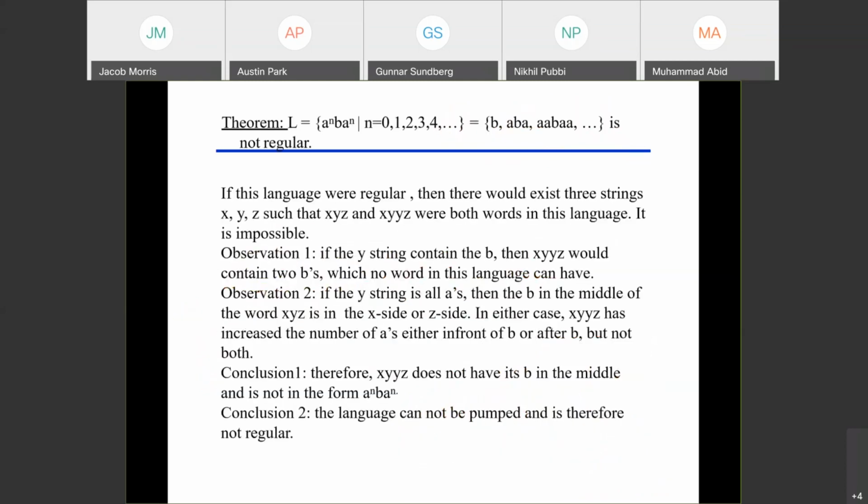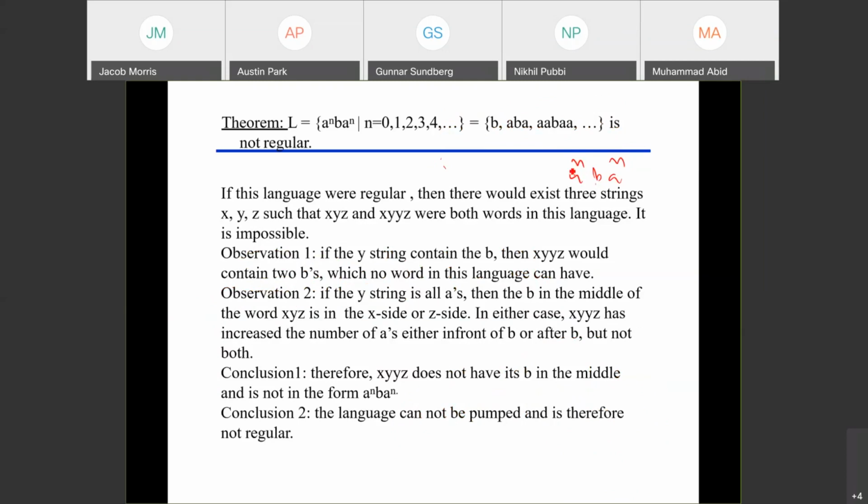Now we will see another language. Okay, look at this one. This is A^n B A^n. It says that you always have one B. If you write the words of this language, n can be 0, n can be 1, 2, 3, 4.